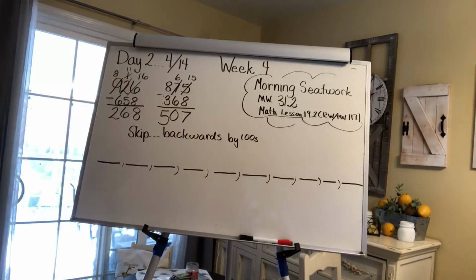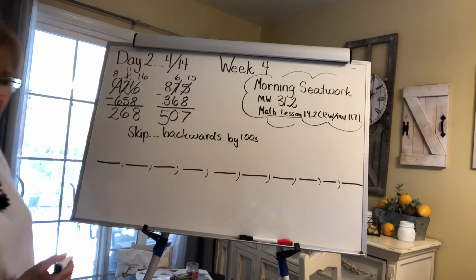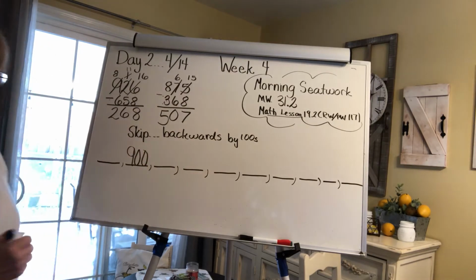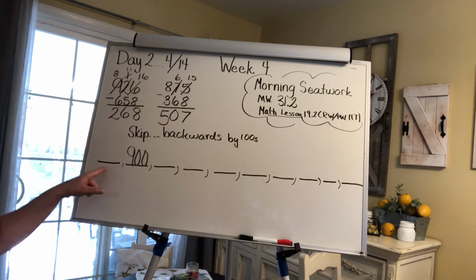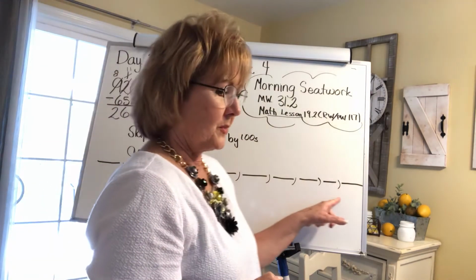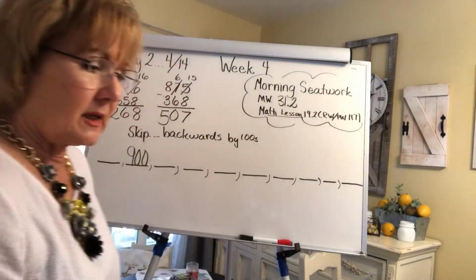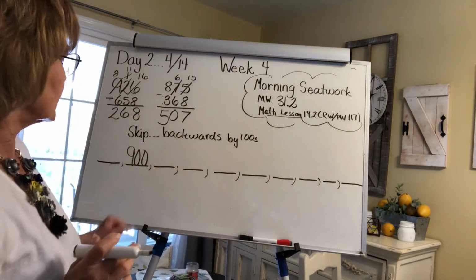Alrighty, they have that many lines, and the only one they give you is 900. Well, you can either skip count backwards like they asked you to, or you can go all the way over here and just count by ones. Anyway, let's start with this.